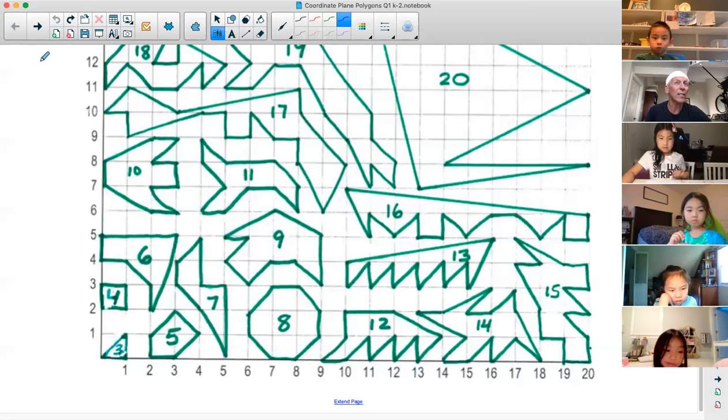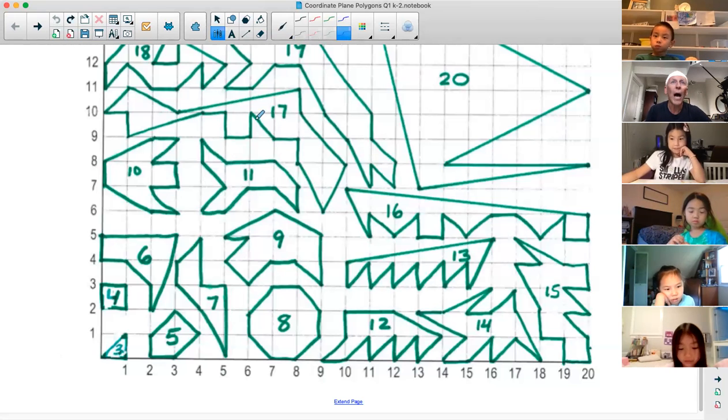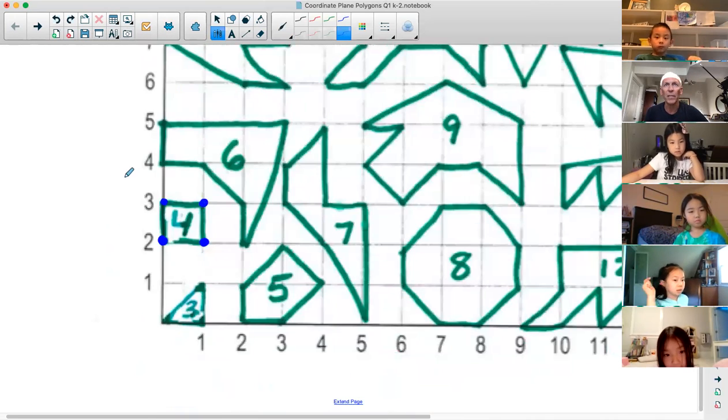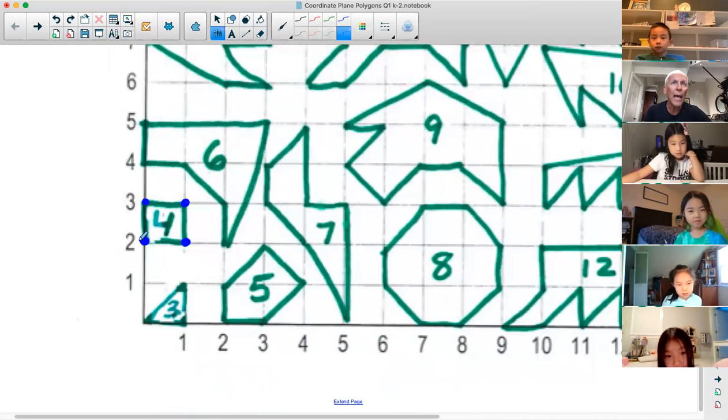Now, you guys know that you could identify that quadrilateral by naming the points. Look at the points, everyone, that I just colored in. Now, I'm going to make this as big as possible. Who could name this point right here?